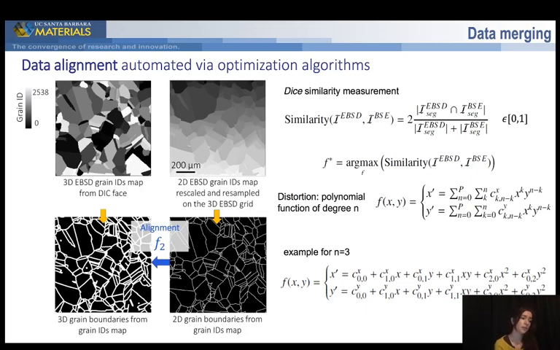The first issue that we have to overcome is that of data alignment. So you have to know that the area or volume over which we collect the data is not always exactly the same, and that the grid on which we collect the data is also different.